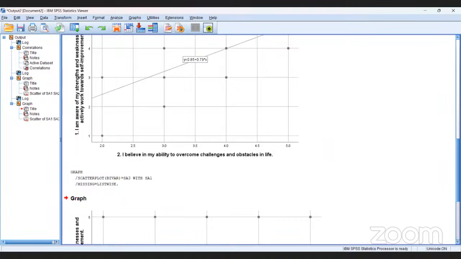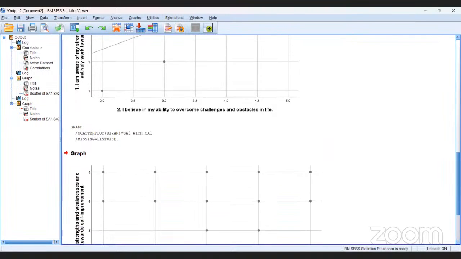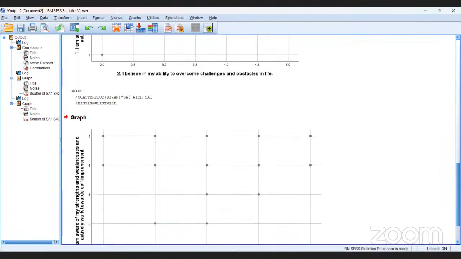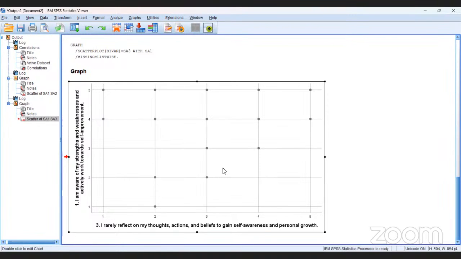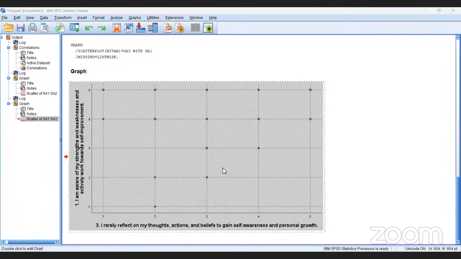Then I get this type of data. You have to double click. After that, best fit line.